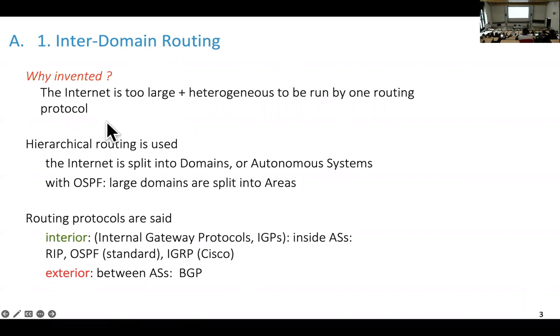The way that routing works on the internet is that the internet is split into domains. Inside domains, we don't care what the routing is. It could be anything. The ones responsible for the domain should take care of the routing, and any routing works. For example, the most widespread one is OSPF.